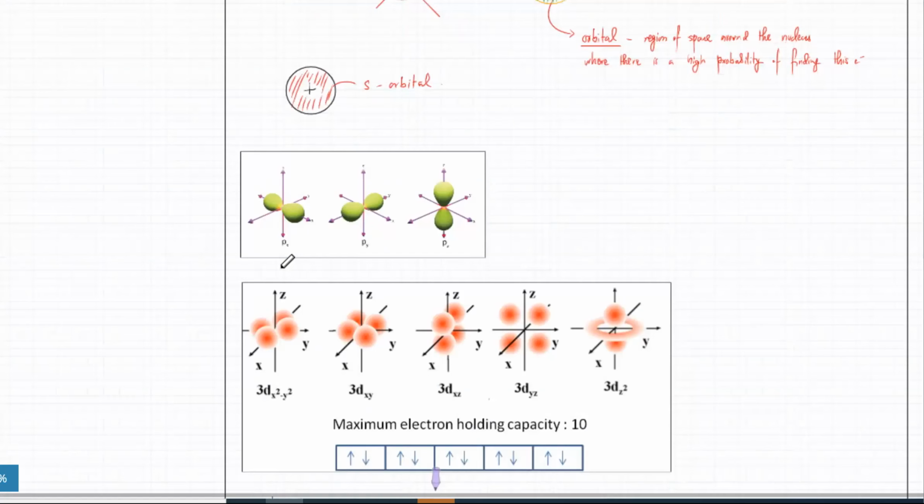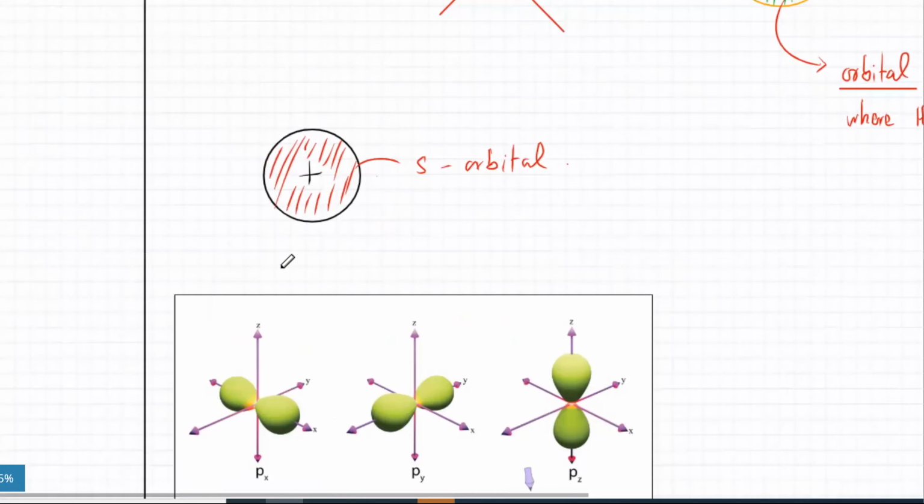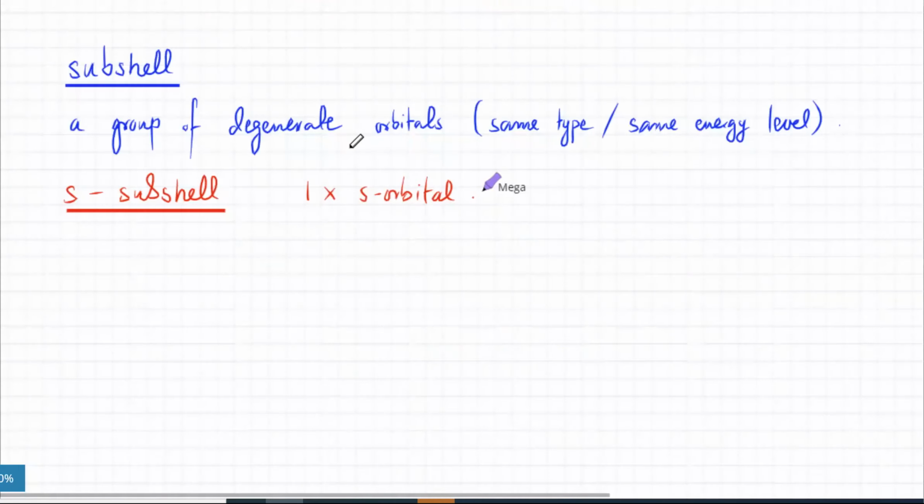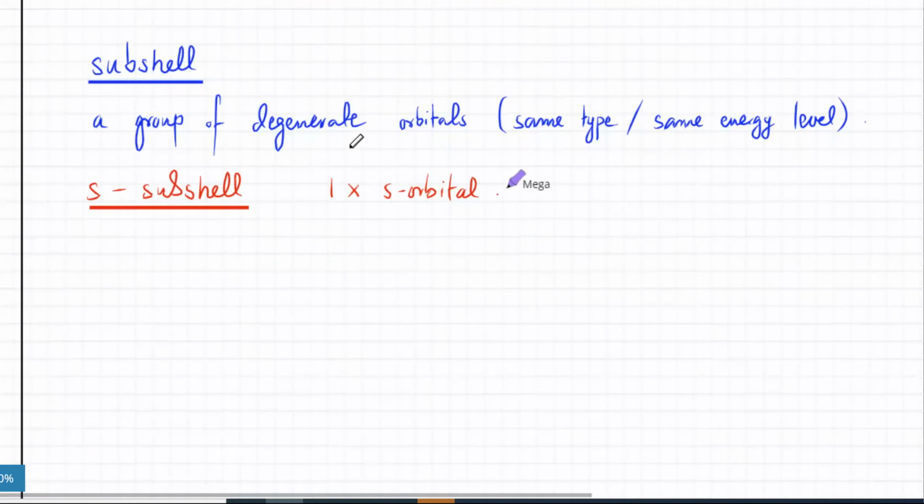Because it can't have any orientation. This spherical region, even if you rotate it around, is going to have exactly the same orientation. You can't do what you did with the p orbital or the d orbital. So there's only one version of an S orbital, and the S subshell only has one S orbital.